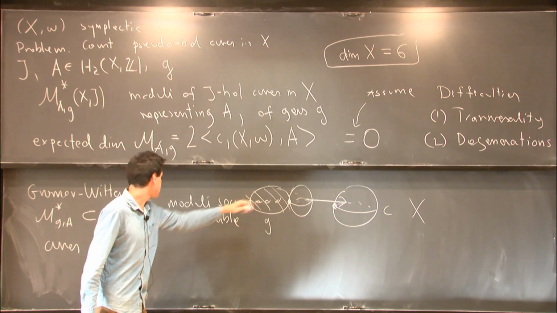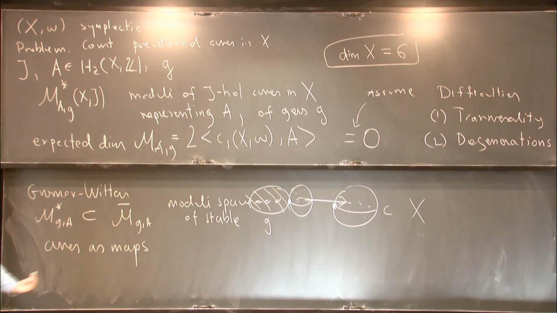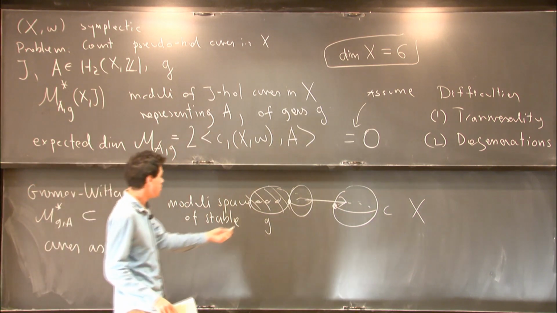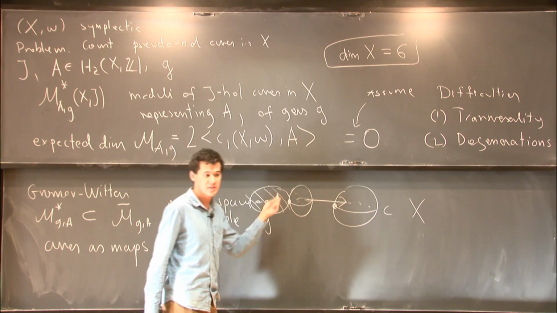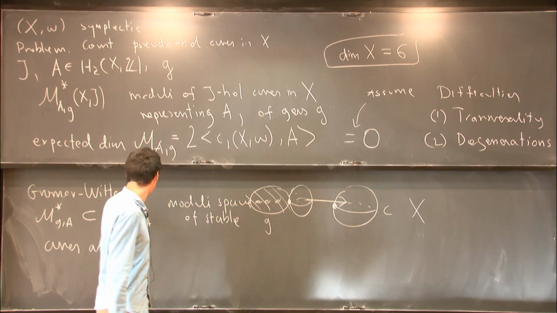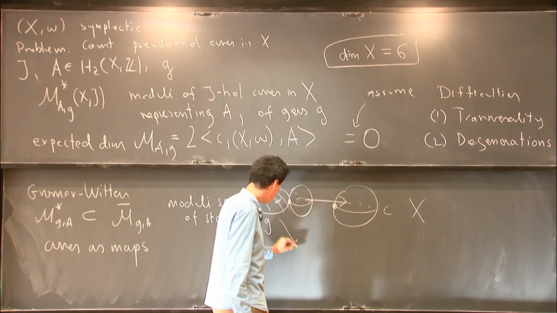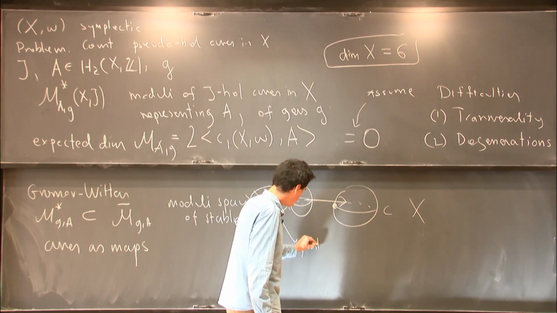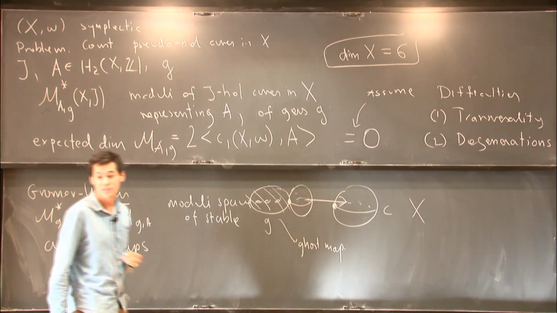And these maps always exist in your moduli space, and moreover, they form a higher dimensional component of the moduli space because you're allowed to vary the complex structure on this component, and you are allowed to vary this point. So this component of this moduli space is never zero-dimensional. This is something that sometimes people call a ghost map, because it's a map, but somehow geometrically it's not there.